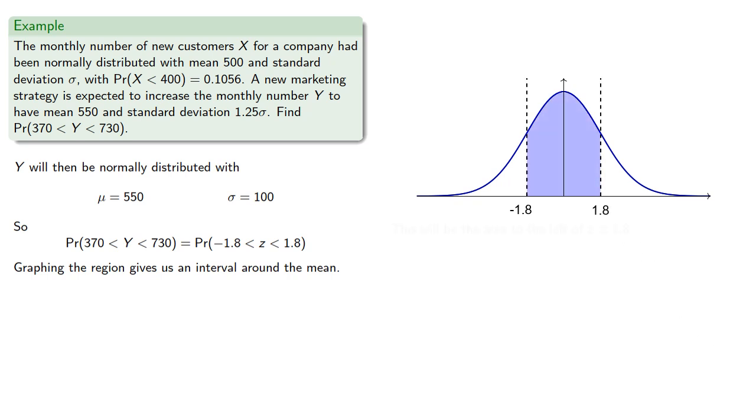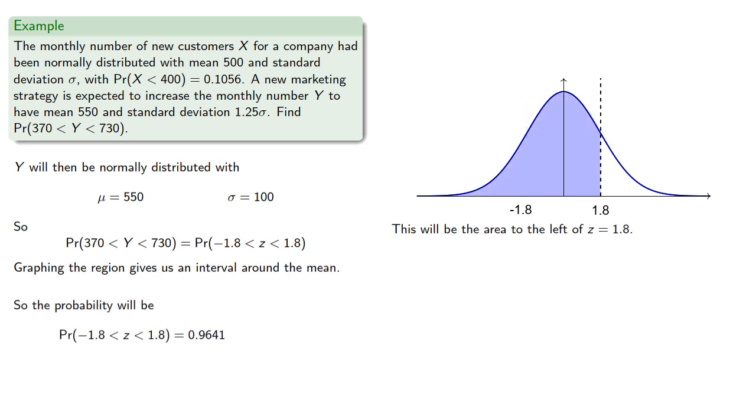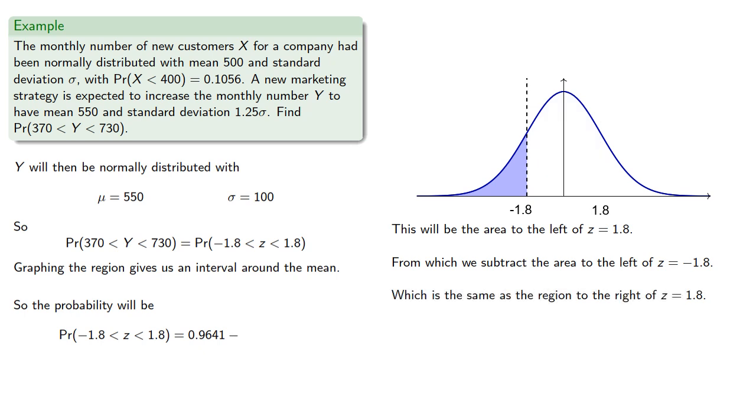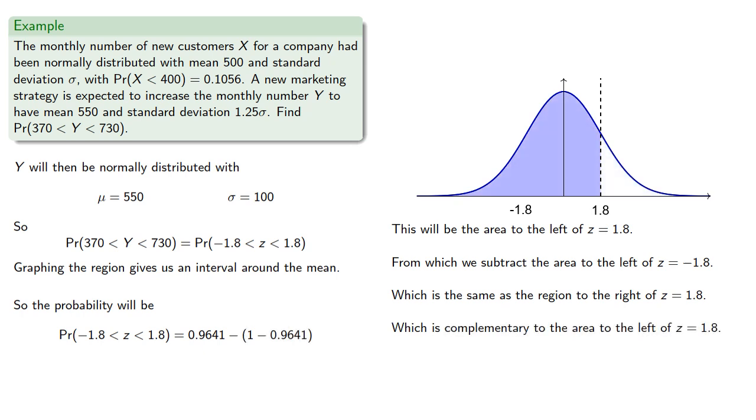So this will be the area to the left of 1.8, from which we'll subtract the area to the left of negative 1.8, which is the same as the region to the right of 1.8, which is complementary to the area to the left of 1.8. So our probability will be the area to the left of 1.8 minus the complementary probability.